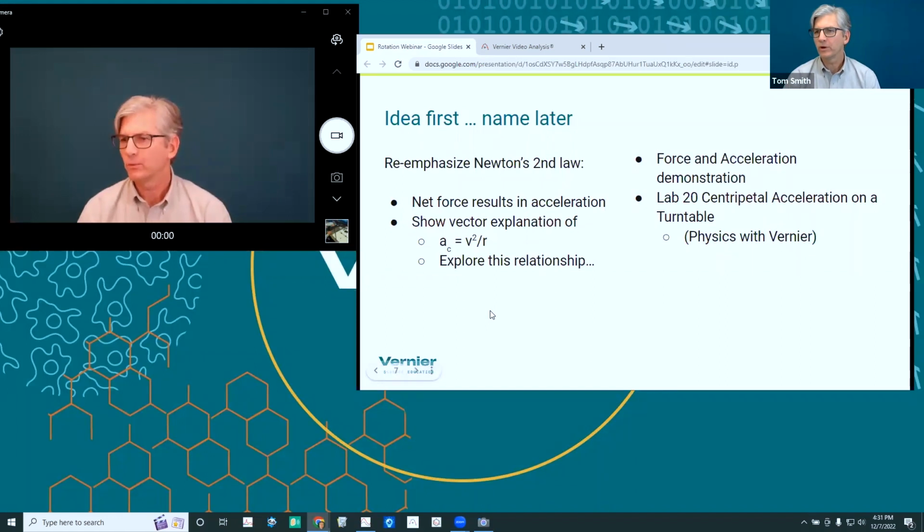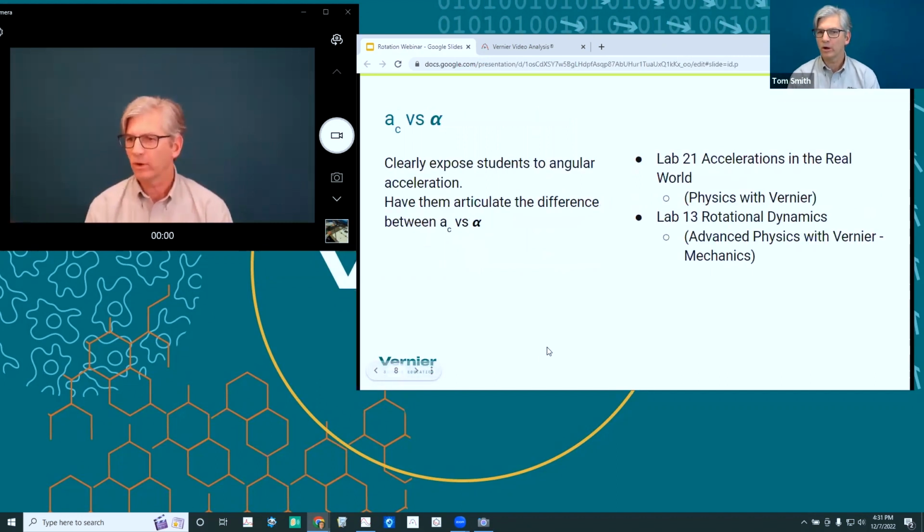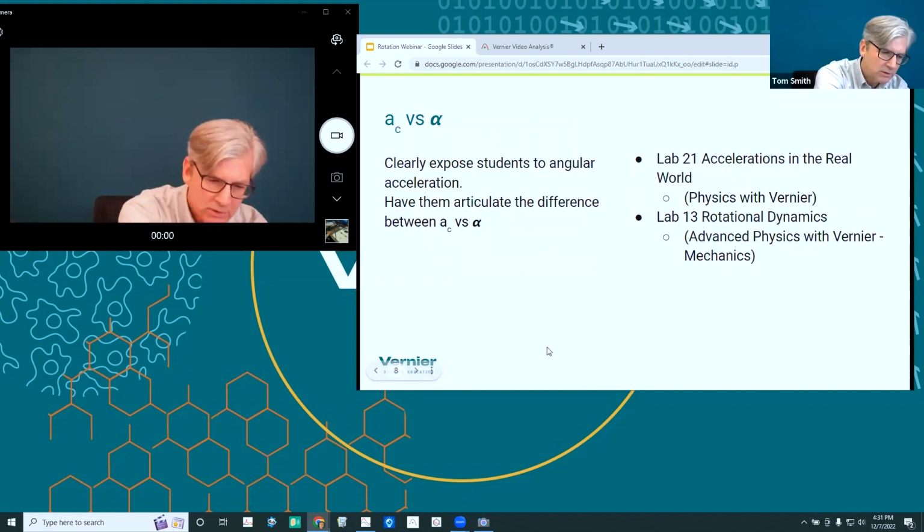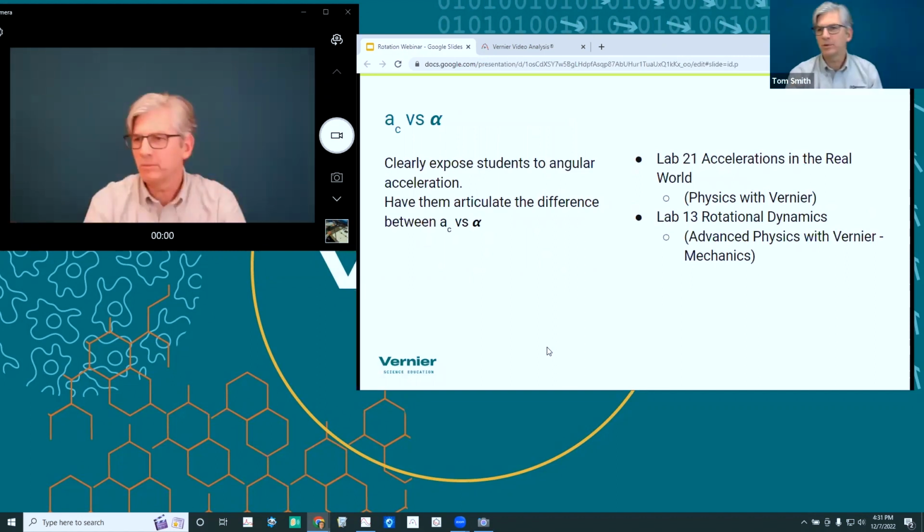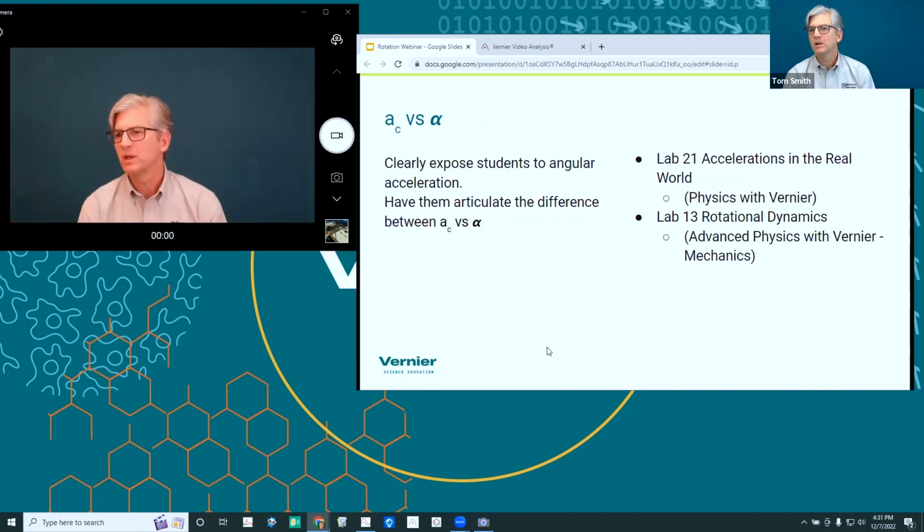And now we're in a place where we can start to jump into some more complex situations. This is where we want to be careful to be very clear that we're talking about a difference between centripetal acceleration and angular acceleration.